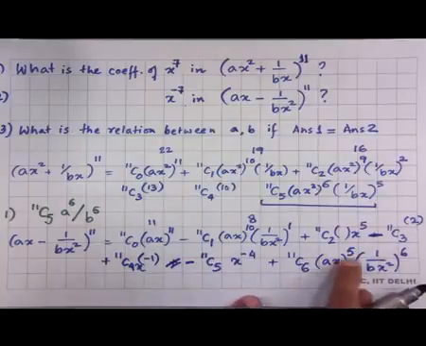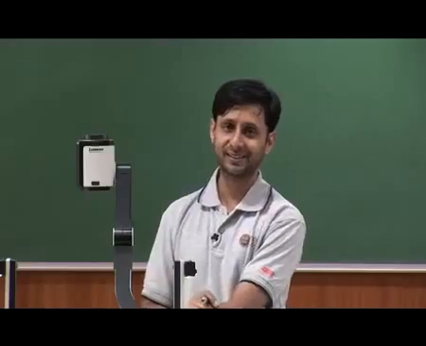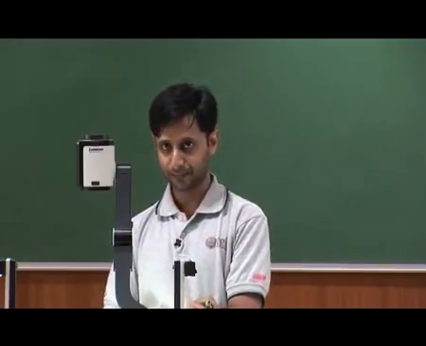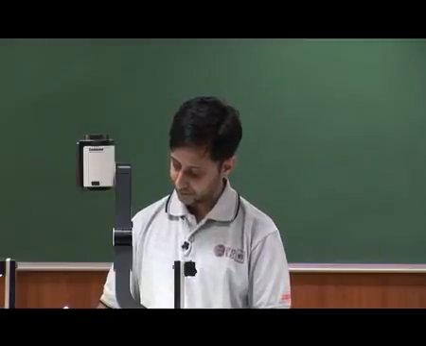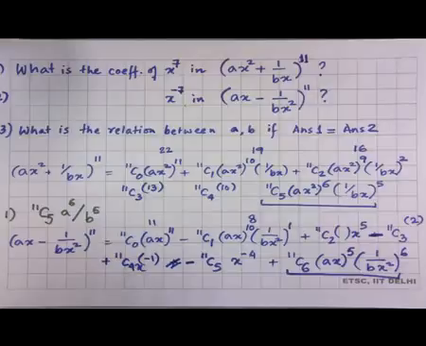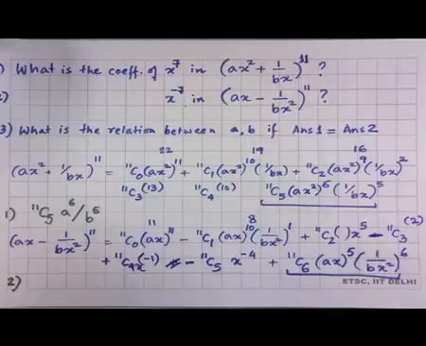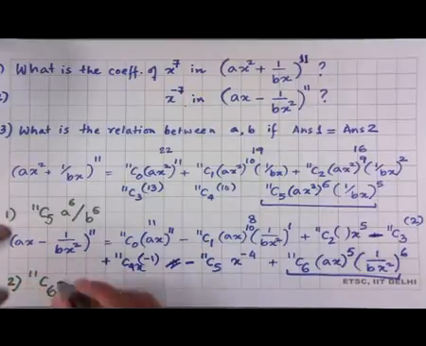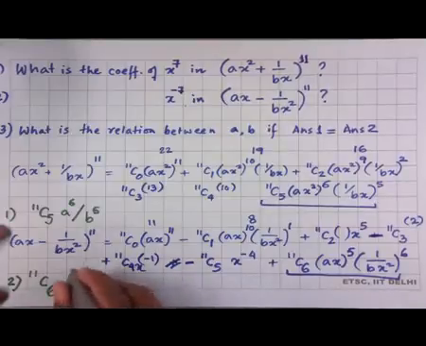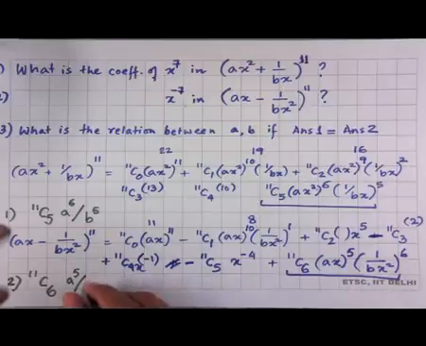I have got x power 5, I have got 1 by x power 12. So, 5 minus 12, I have got x power minus 7. So, it satisfies my requirement. So, what is the coefficient? So, this is the term I am looking for, and therefore, the answer to my question 2 is 11c6 a power 5 by b power 6.